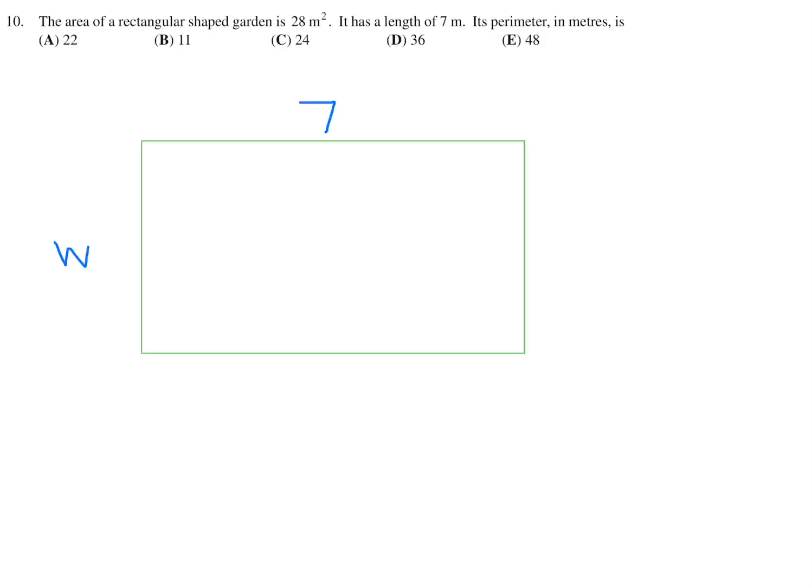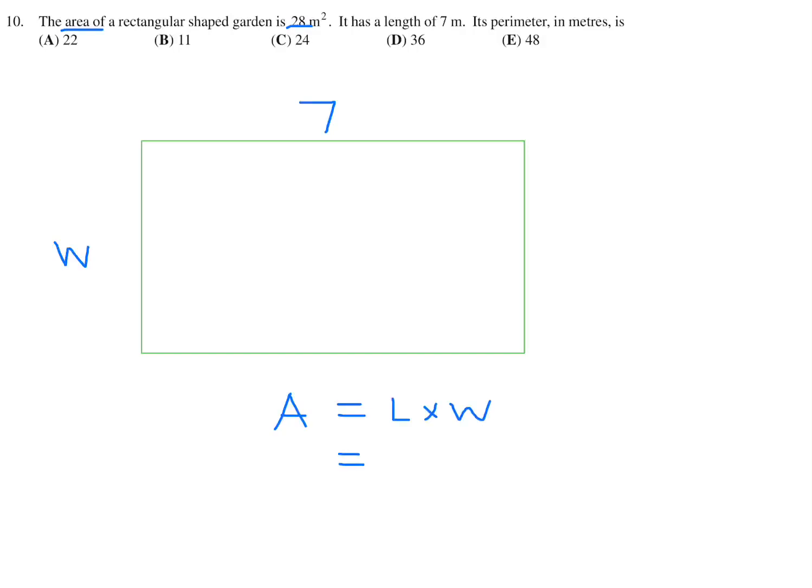The area of a rectangular shaped garden is 28 meters squared. It has a length of 7 meters. Its perimeter in meters is... So let's draw a rectangular shape and start labeling. The length is 7. The width we don't know, we'll call that W for width. But we know that the area is 28. Area is length times width.